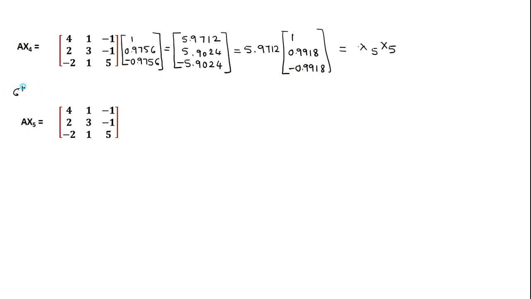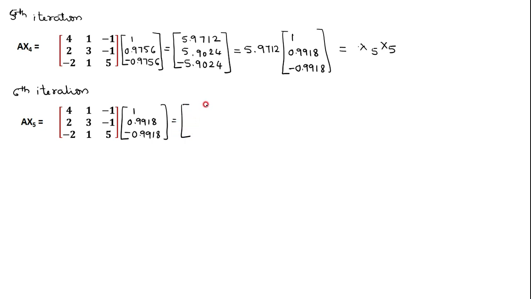For the sixth iteration, multiply the matrix A with x5, that is 1, 0.9918, minus 0.9918.